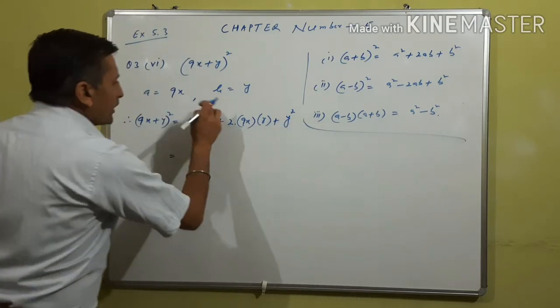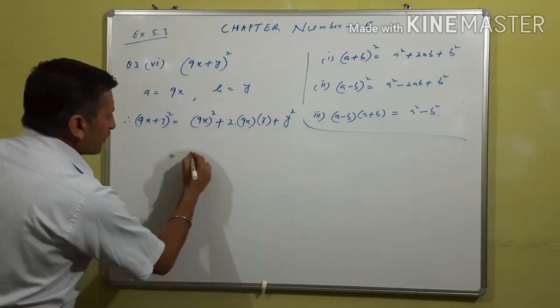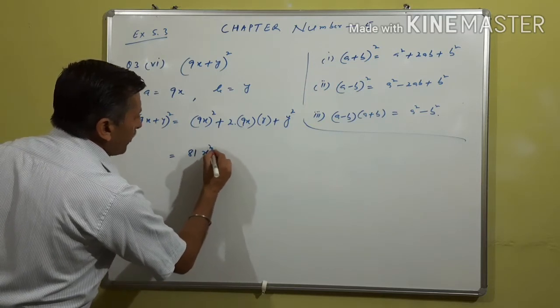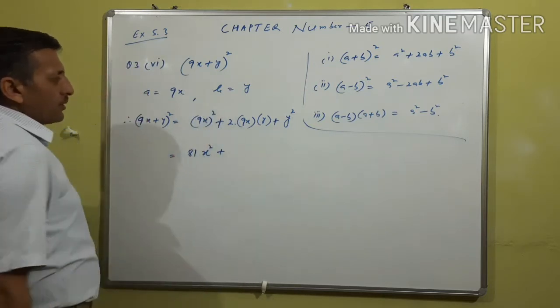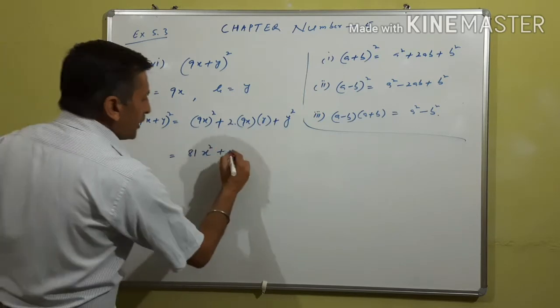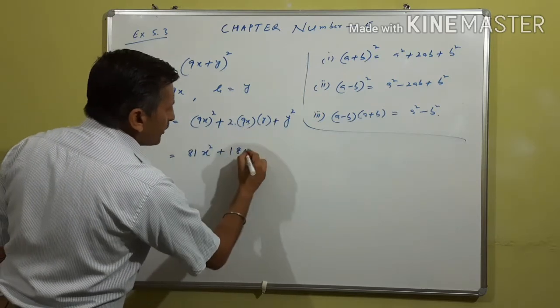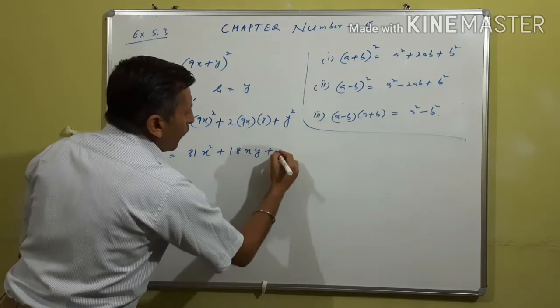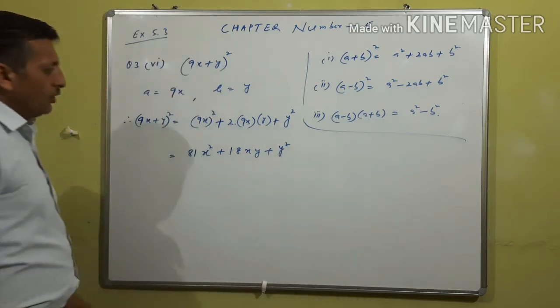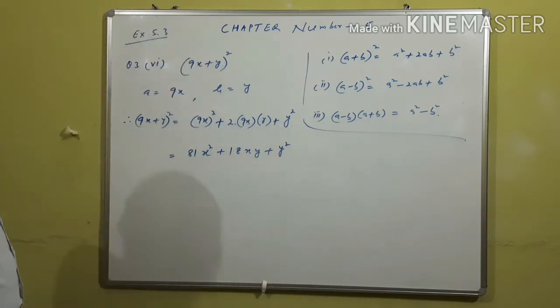So 9 whole square, you know 9 into 9 is 81, and x to the power 2. 9 twos are 18, xy, plus y to the power 2. That's all. So this was your sixth part.